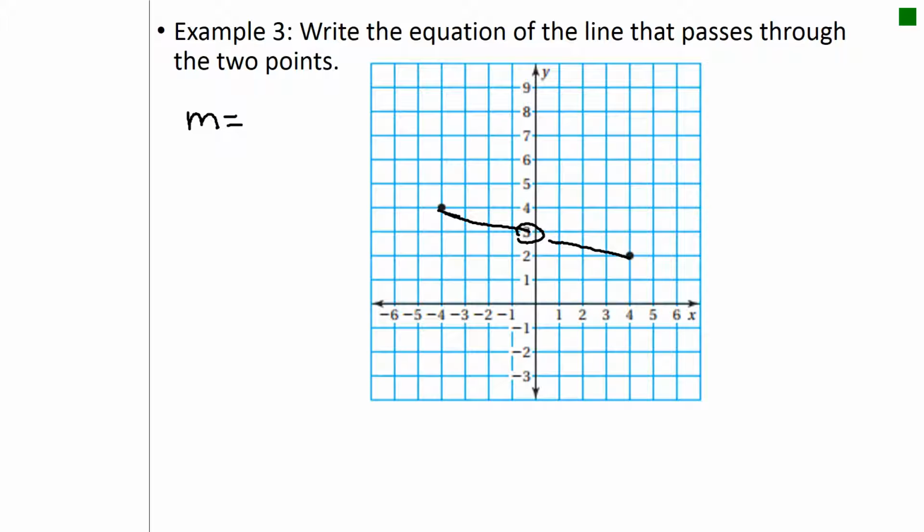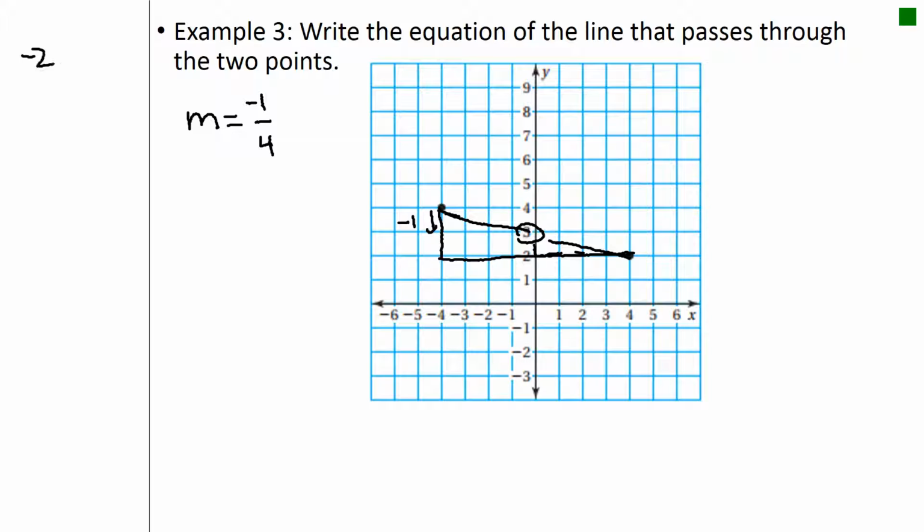It looks like I went down 1, so there's a -1, and over 4. And I'm going to go down 1 again, and then over 1, 2, 3, 4. So the slope is down 1 over 4, and we can check it by the larger triangle, down 2 and over 8.